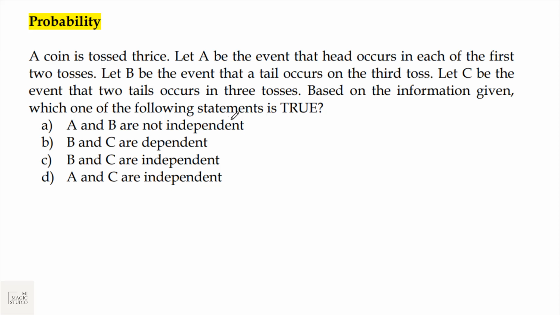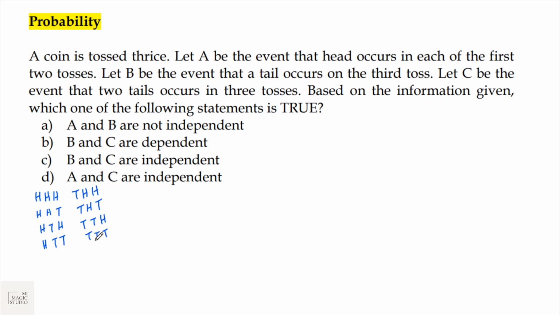If a coin is tossed thrice, we will have 8 outcomes. Head, head, head; head, head, tail; head, tail, head; head, tail, tail; tail, head, head; tail, head, tail; tail, tail, head; and tail, tail, tail.